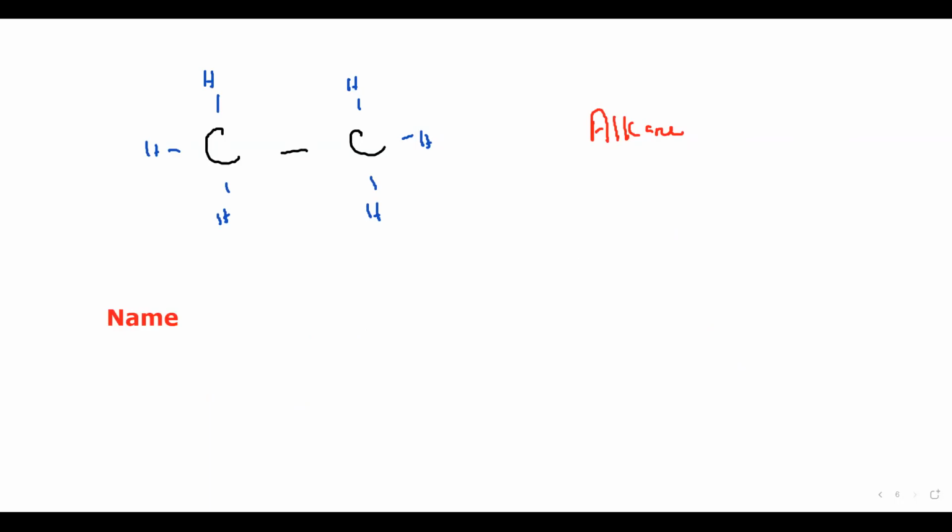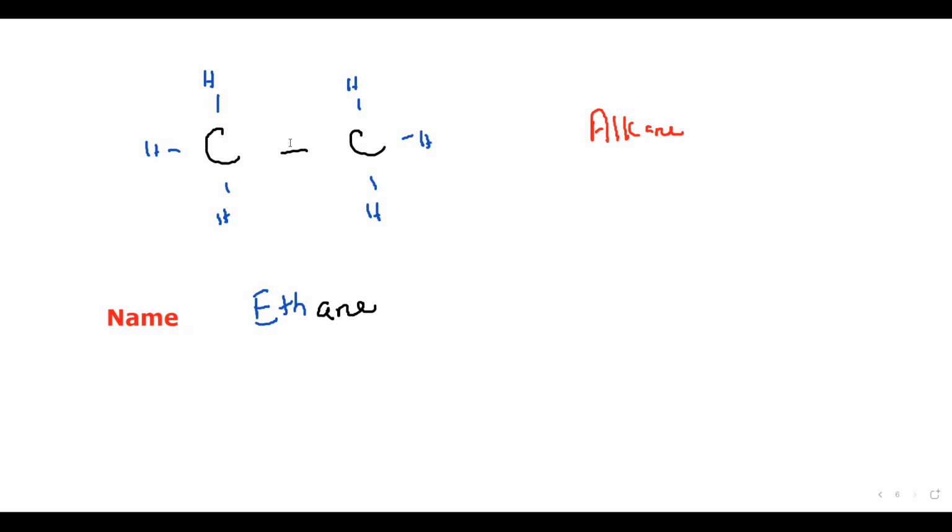Yeah, that's right. Eth, because of 2 carbon. And because they have a single bond between them, it will be ane. So eth, because of 2 carbon, and ane, because they have a single bond. So it is actually ethane. When we pronounce altogether, it is ethane.